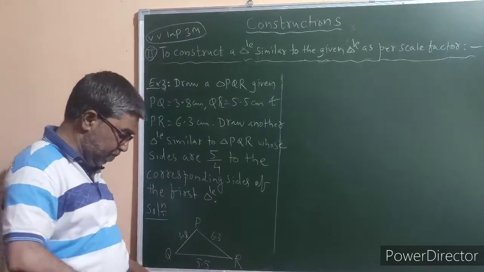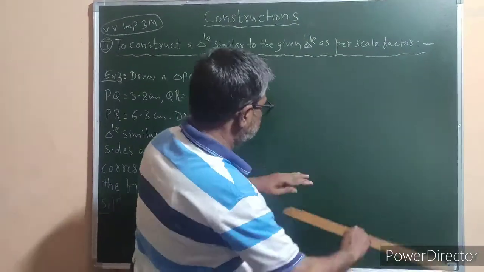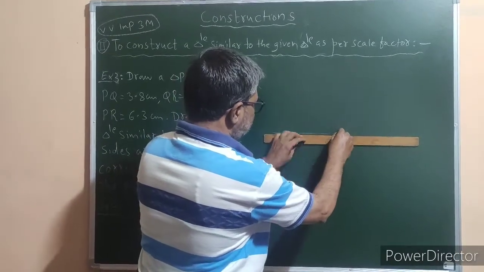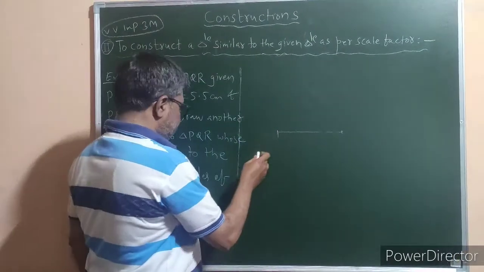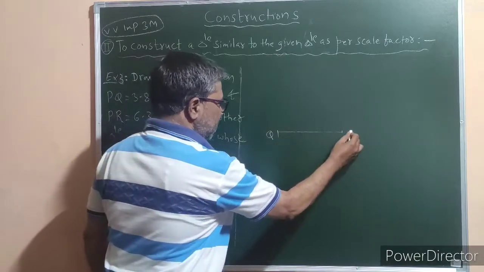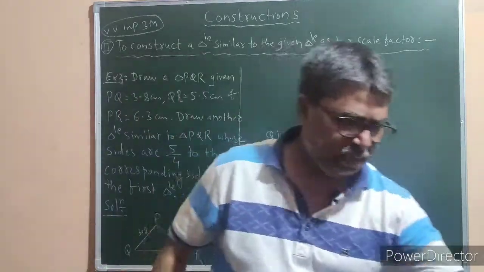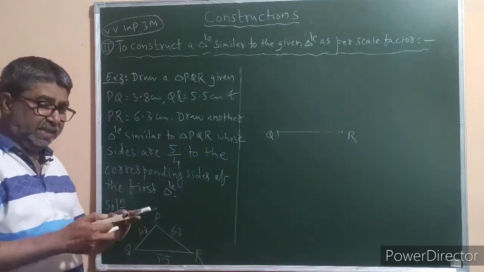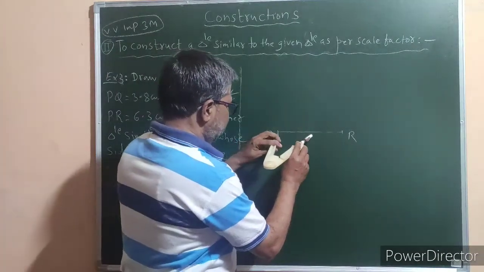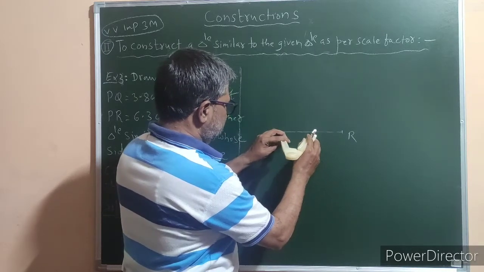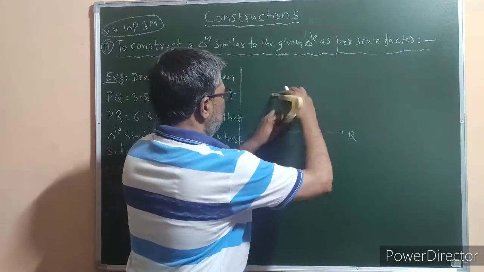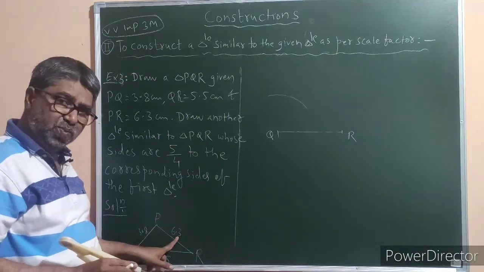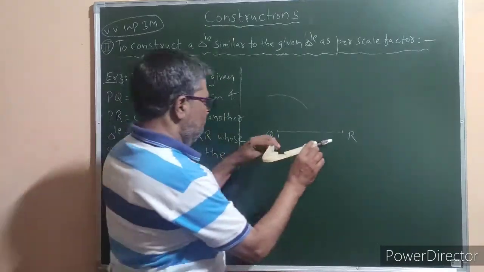Now draw a line measuring 5.5 centimeter which will be the base of triangle PQR. You name it as QR. Then by taking say 3.8 centimeter distance on compass, assuming Q as center, draw an arc towards the upper side, and now take 6.3 centimeter distance on compass.